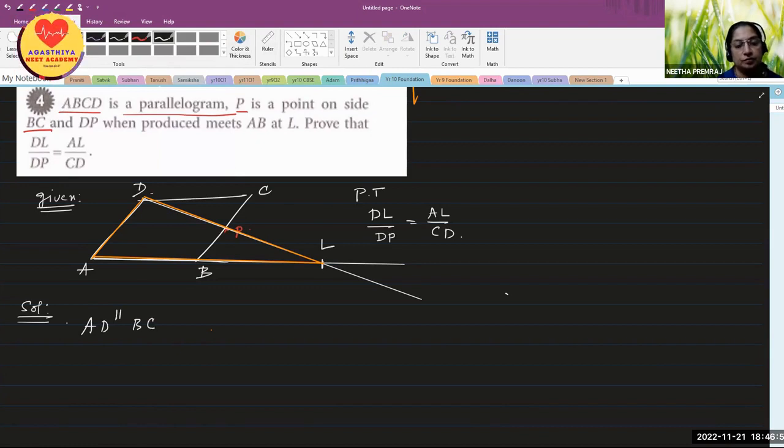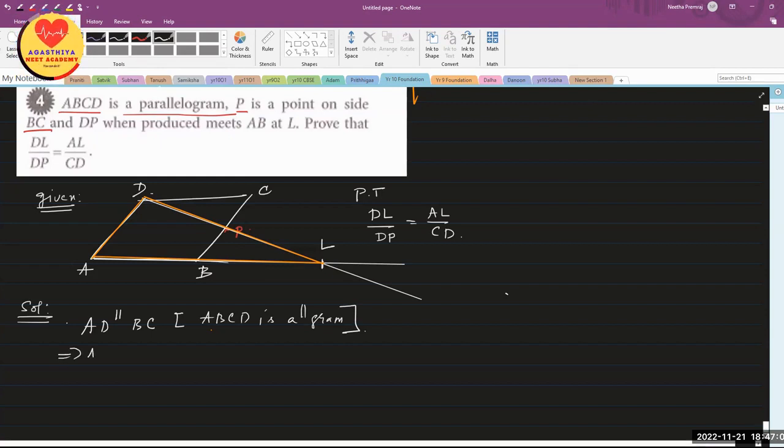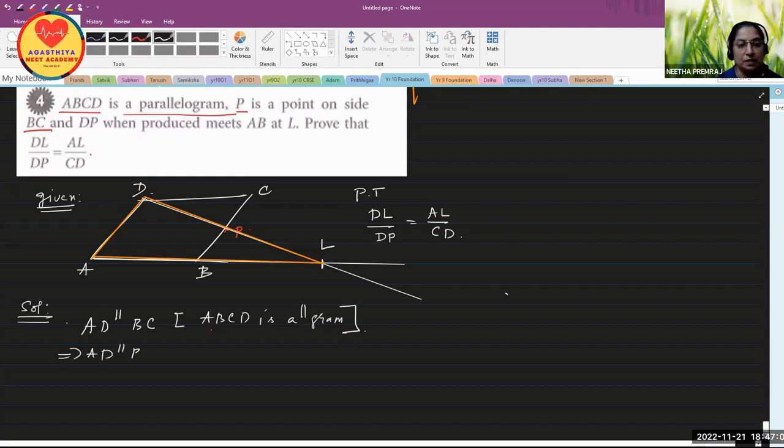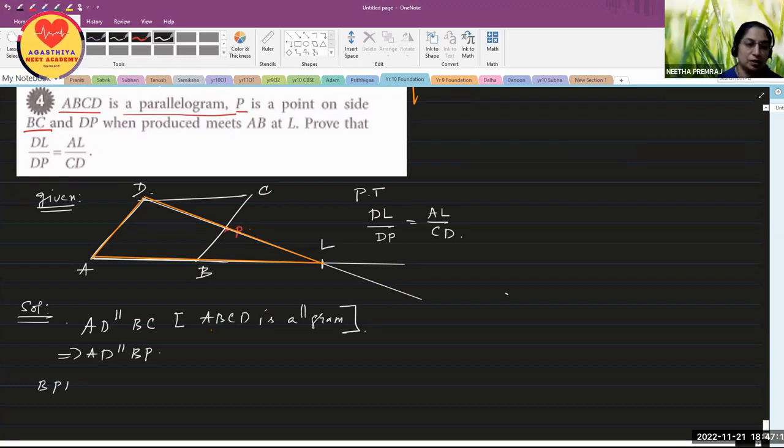Why? It is given, because it is a parallelogram. ABCD is a parallelogram, so opposite sides are parallel, isn't it? Guys? Yes, ma'am. So which implies AD is parallel to BP, isn't it? Okay. So by BPT, what can you write?